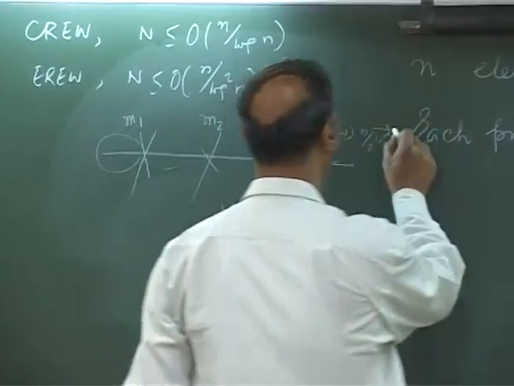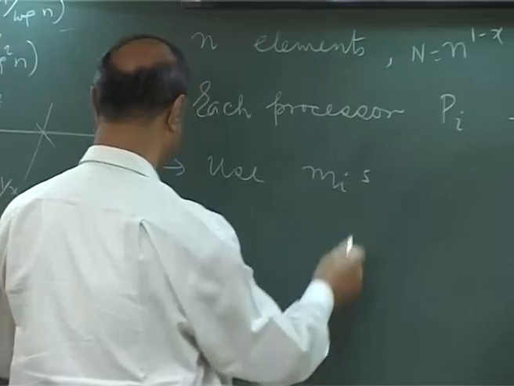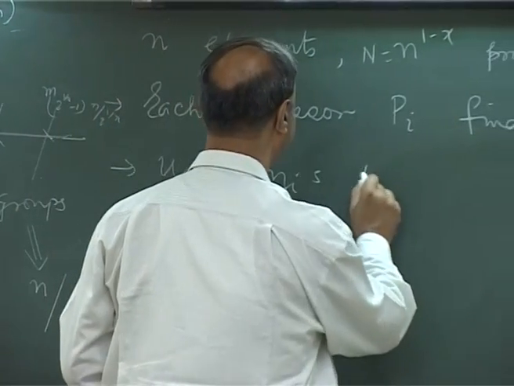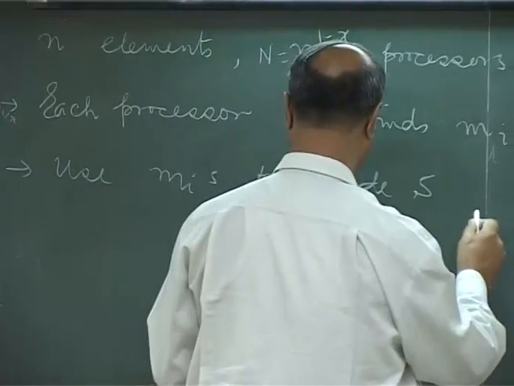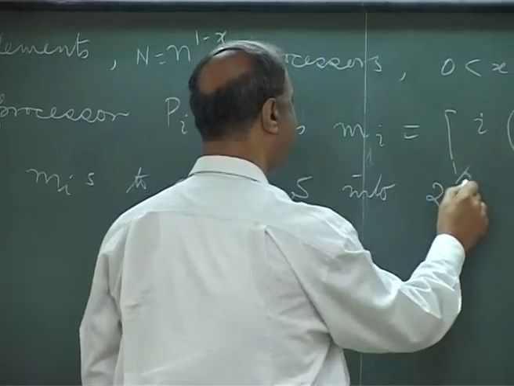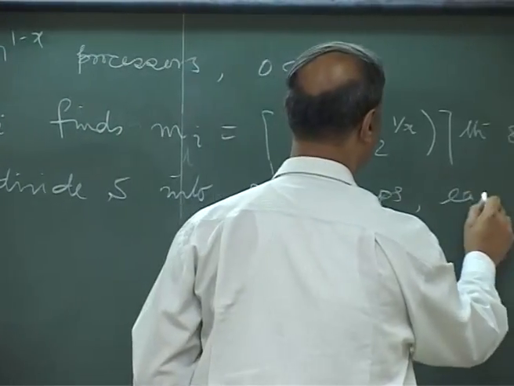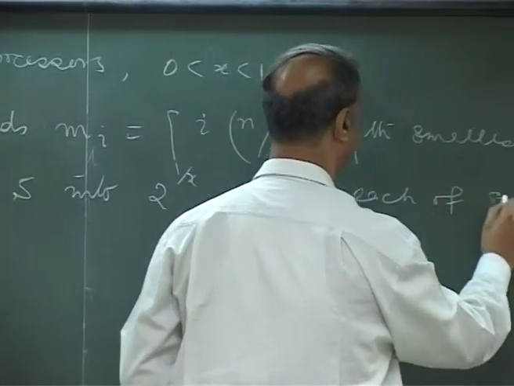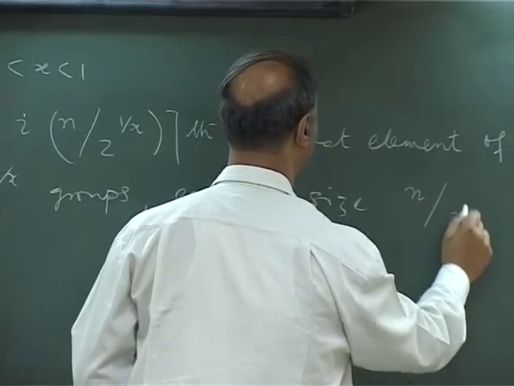So use the Mi to divide S into 2 to the power 1 by x groups, each of size n by 2 to the power 1 by x.